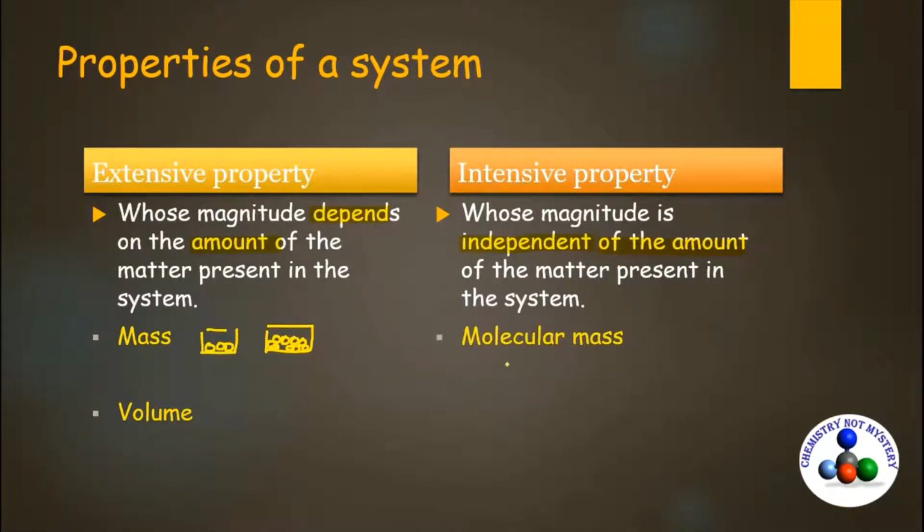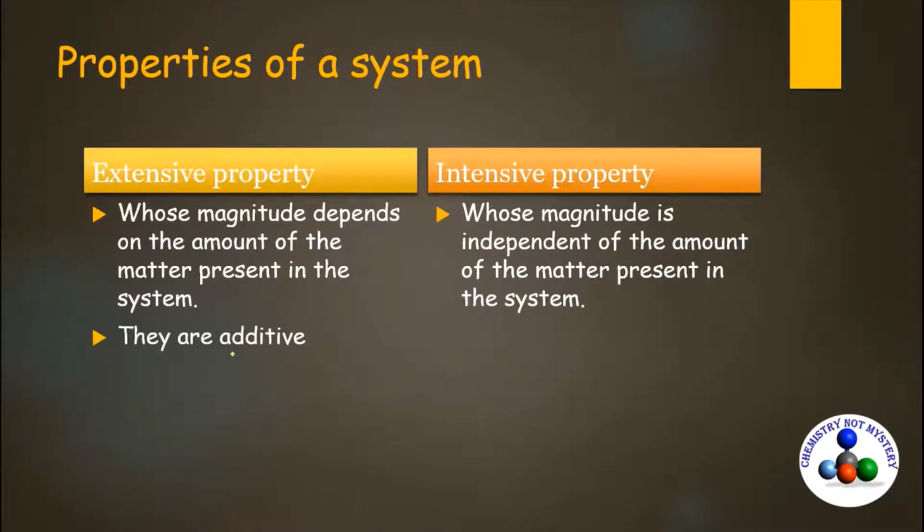If you take a 1 liter glass of water, and if you take a 2 liter glass of water, in both the cases, the molecular weight of water will remain 18 grams per mole because it is independent of the amount present inside the system. Boiling point is also an intensive property because the boiling point of 1 liter of water is 100 degrees centigrade and the boiling point of 2 liter water is also 100 degrees centigrade.